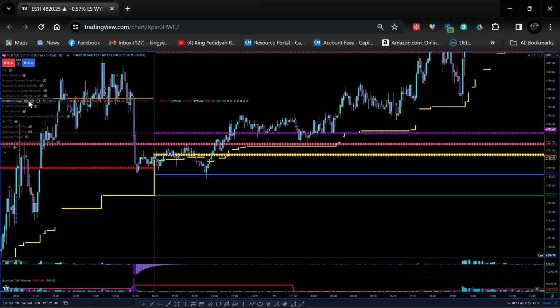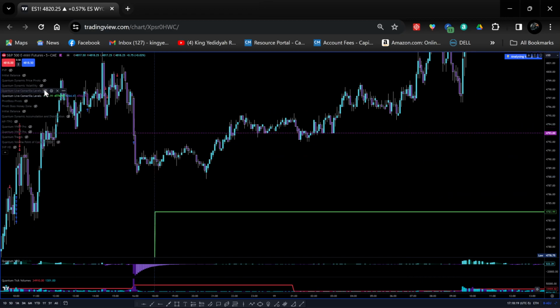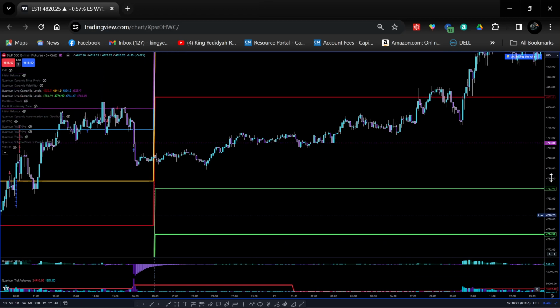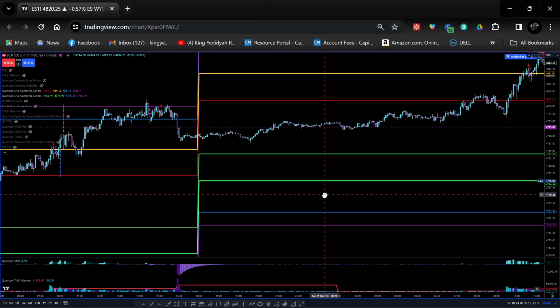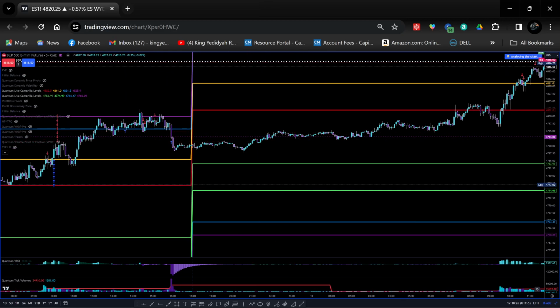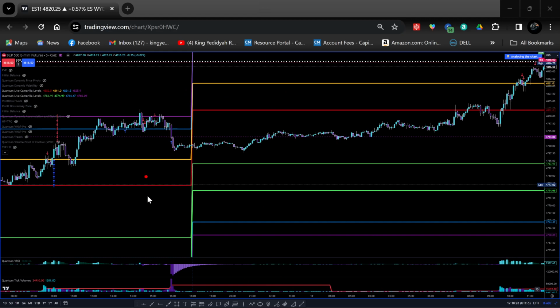Let me just point out the Camarillas before I start jumping into what actually happened. The Camarillas are in a higher value relationship. Yesterday S3 was here, R3 was here, R3 moved up to here, and S3 moved above previous day's R3, so that's a higher value relationship.